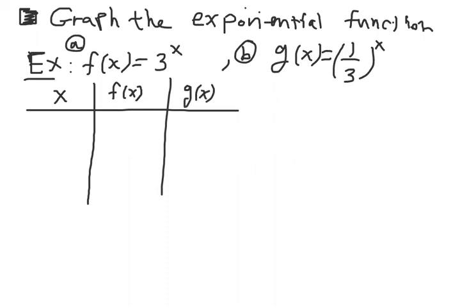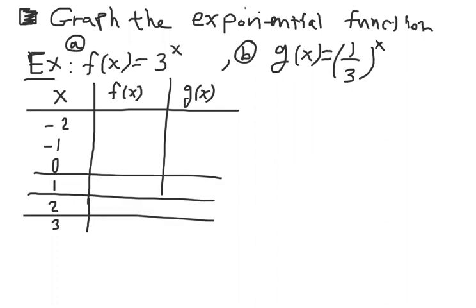We'll choose numbers, for example 0, 1, 2, 3, minus 1, minus 2. You just have to plug the element of x inside the functions f of x and g of x, then we graph the function.